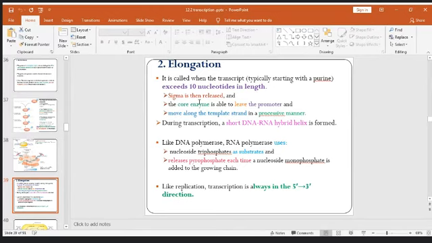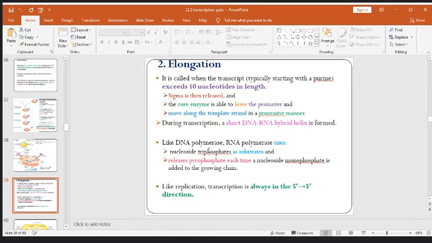Once sigma is released, the core enzyme is able to leave the promoter and move along the template strand in a processive manner. So during transcription, a short DNA-RNA hybrid helix is formed until the elongation process is terminated.